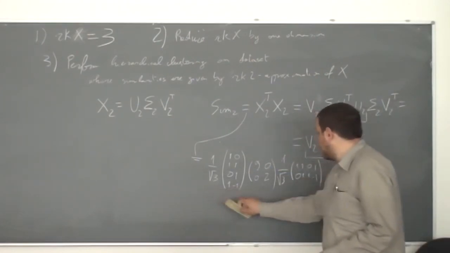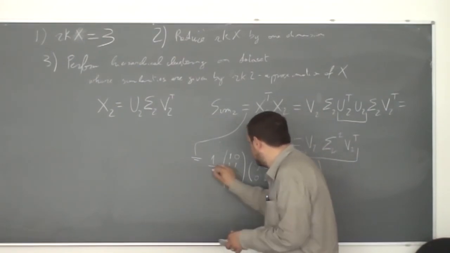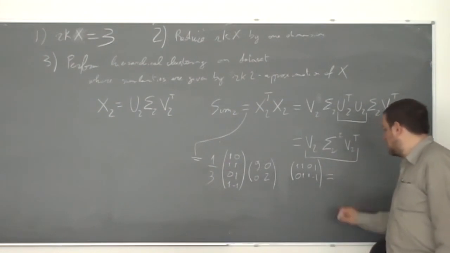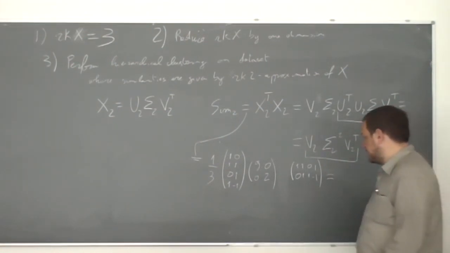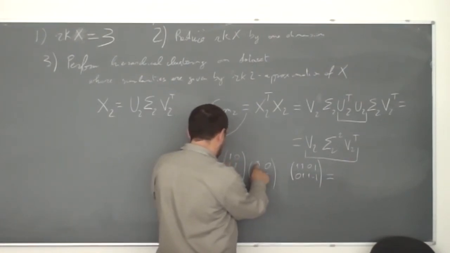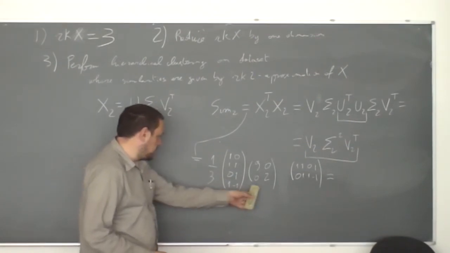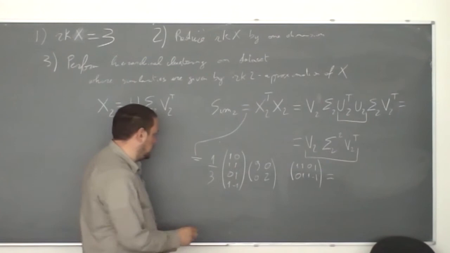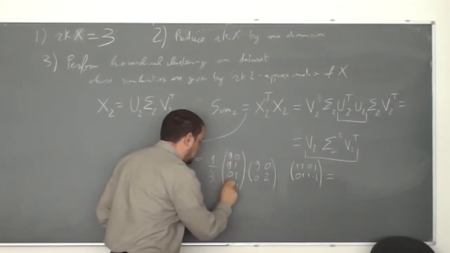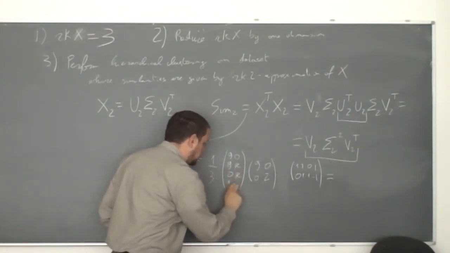Of course, 1 over square root of 3 times 1 over square root of 3 is 1/3. So the product between these two gives 9 times the first column and 2 times the second column.